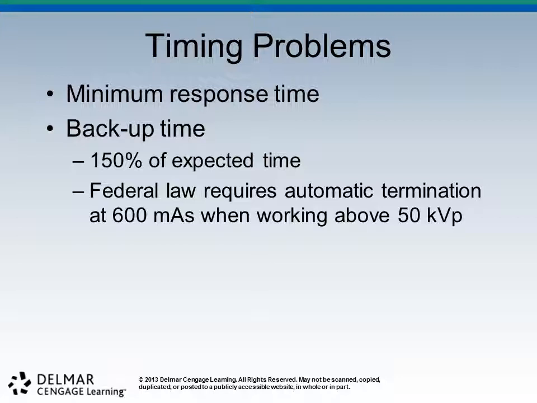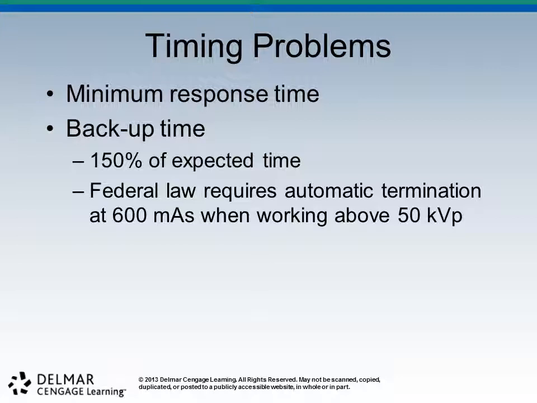Then you need to set a backup timer that's going to be 150% of that tenth of a second. All right. So you would say somewhere around 4.4 tenths of a second, rather than a tenth. And I know I'm fudging with the math there, but that's what that requires of you.